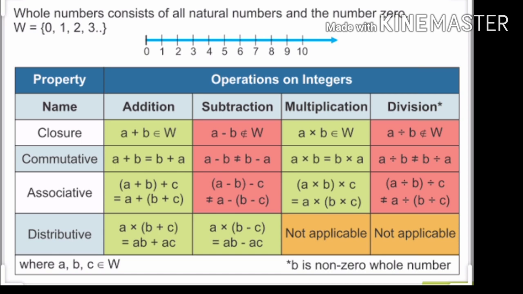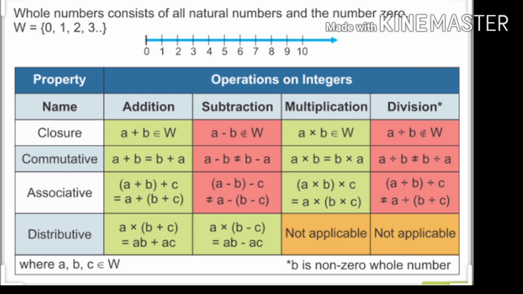Sometimes we get, sometimes we don't. Commutative is followed again by addition and multiplication, shown by the green, but not by subtraction and division. Associative, only by addition and multiplication, not by subtraction and division. And distributive, followed by addition, followed by subtraction, and in multiplication and division it is not applicable.